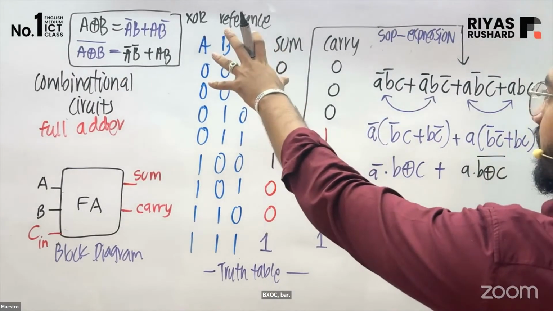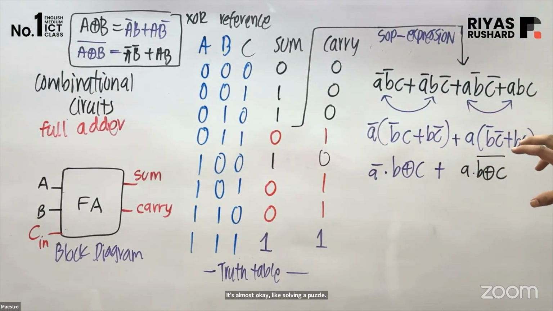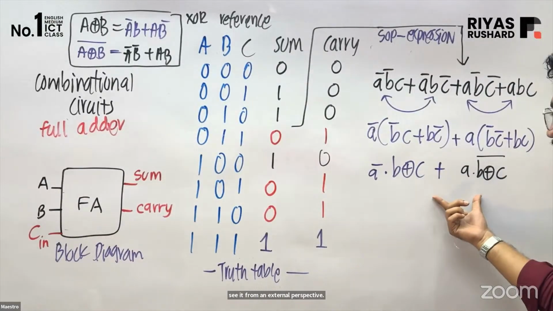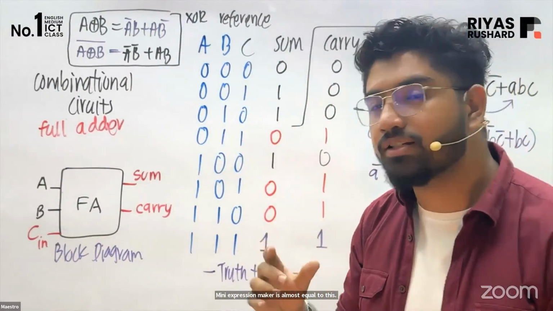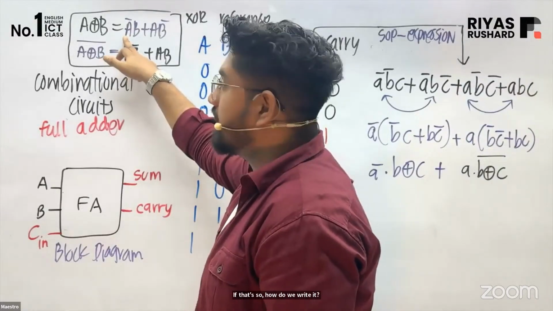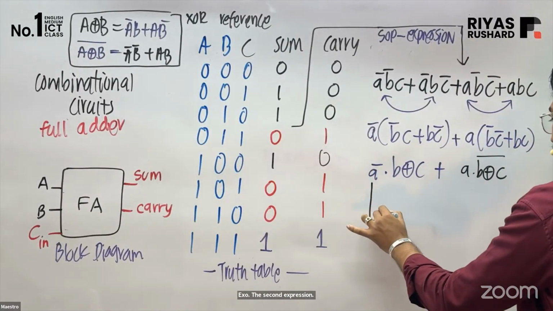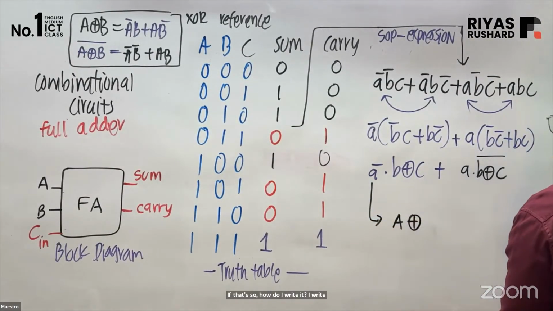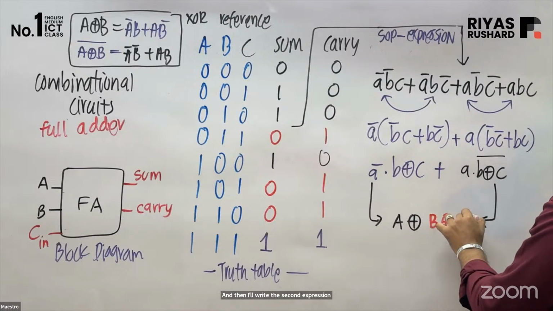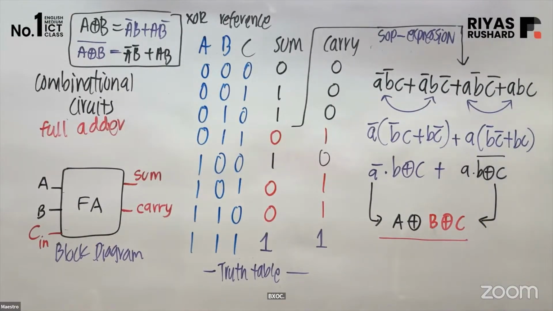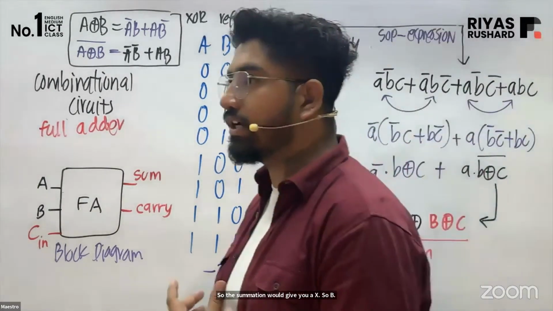It's almost like solving a puzzle. If you see it from an external perspective, this expression is almost equal to this. If that's so, how do I write it? I write A, the first expression, XOR the second expression, that's B XOR C. So the summation would give you A XOR B XOR C. Check this out, people who didn't understand.